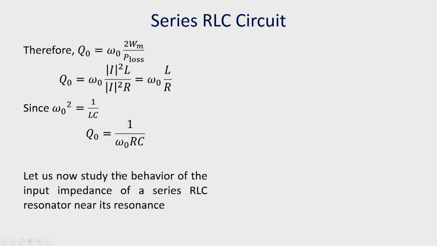Now, let us study the behavior of the input impedance of a series RLC circuit or a series RLC resonator near its resonance frequency. So, this expression Z in is equal to R plus j omega L (omega square minus omega naught square) divided by omega square, that we have already seen.